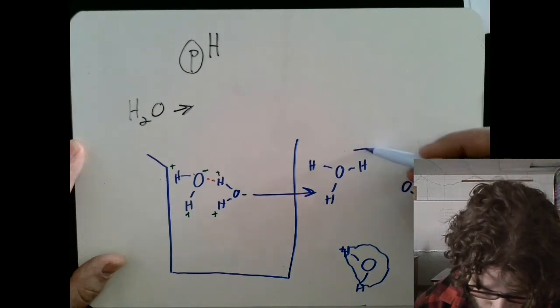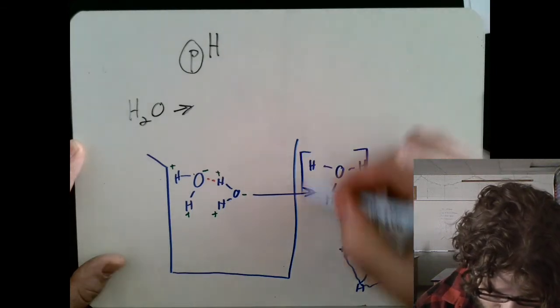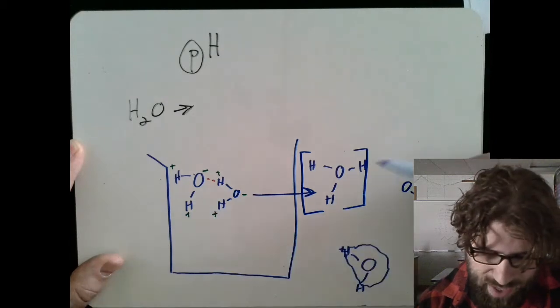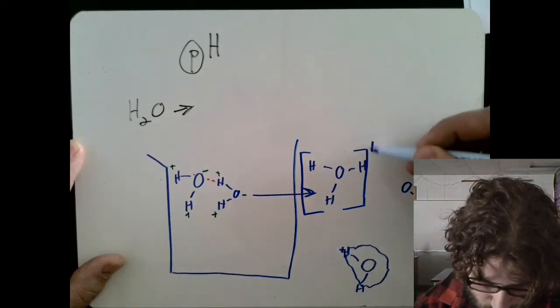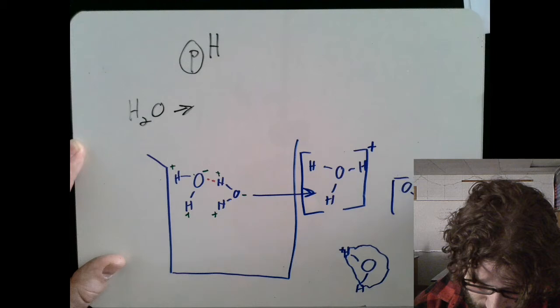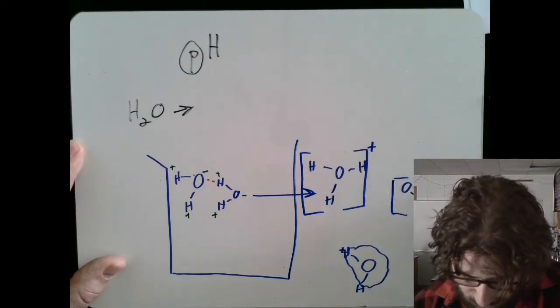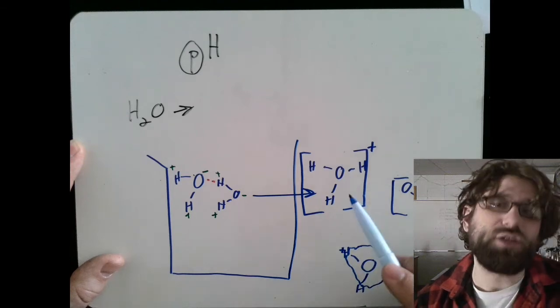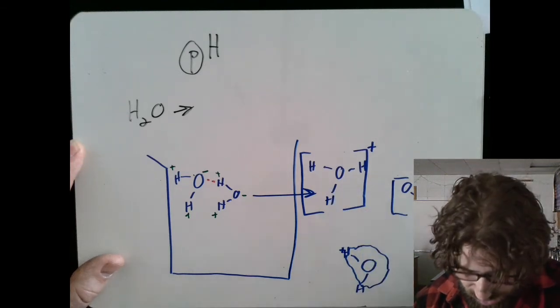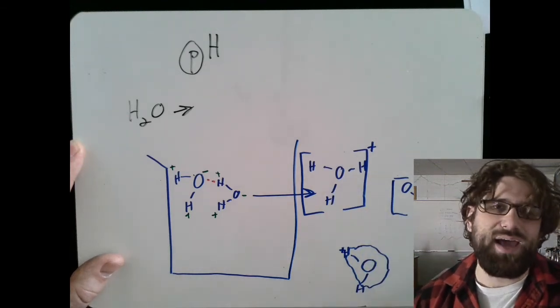And so this whole thing, it was neutral as water, but now it's added a proton, so it's got a +1 charge. And this whole thing now just lost a proton and has a -1 charge. So this is our hydronium cation, and this is our hydroxide anion.